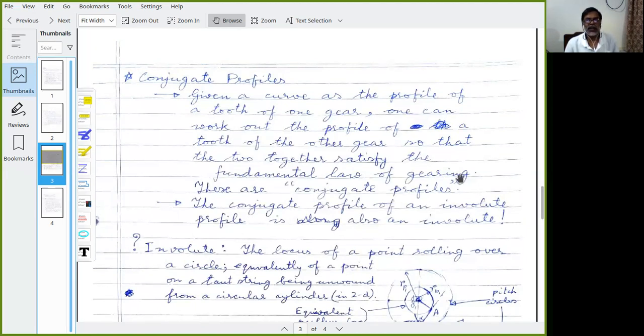So for involute, it happens that its conjugate is also involute. So that makes the involute profile the preferred profile of gear teeth.